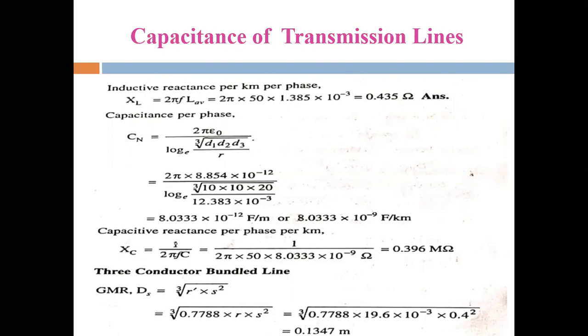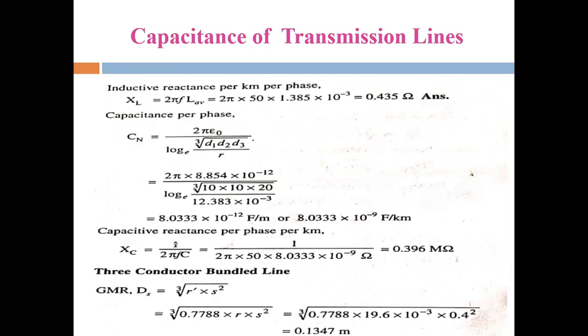The distance between a and b is d1, between b and c is d2, and between c and a is d3, which is 20.